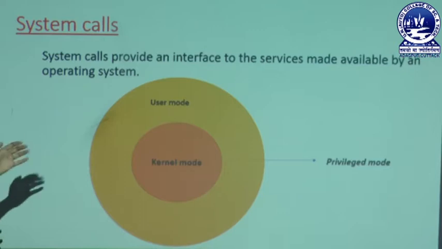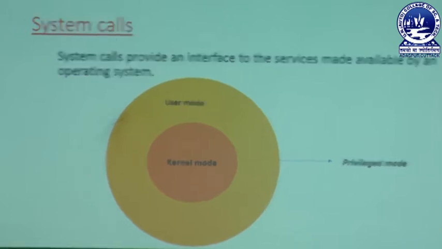Kernel mode is a privileged mode, but the problem is that if a program is executing in kernel mode and encounters an error and happens to crash, then the entire system will crash. If a program is executing in user mode and happens to crash or comes to a halt, then only that program is affected and not the entire system.